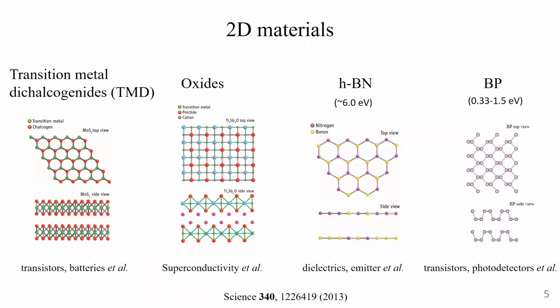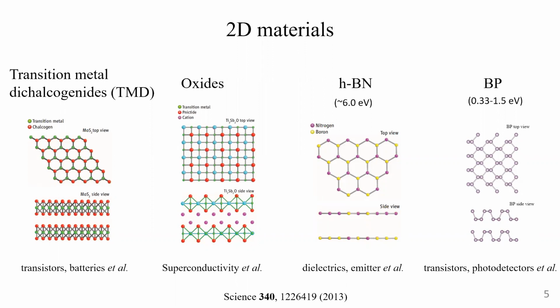2D material is a big family, not only graphene, there are also some other 2D materials. Different 2D materials have different applications. For example, the transition metal dichalcogenides, such as MoS2, can be used for transistors and batteries, and also some oxides, such as titanium oxide, have been reported to show some superconductivity.